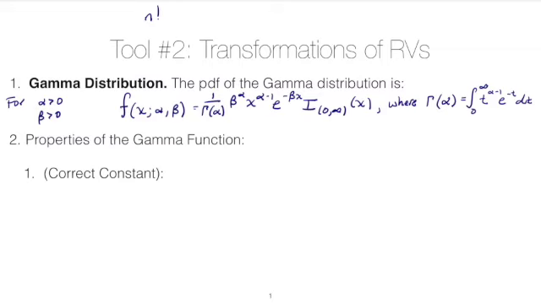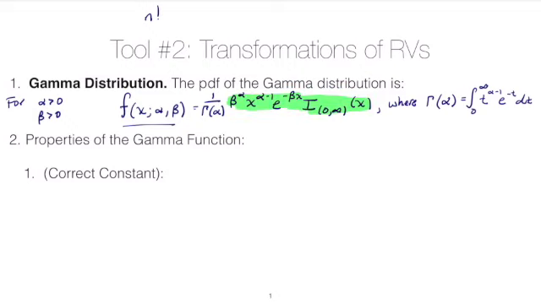We just really note that if we integrate the PDF, right, over 0 to infinity, we should get 1. And if you integrated without the 1 over gamma of alpha, you would get something other than 1, but in fact you get the gamma function, and so that's why you need to divide by it. And we'll actually prove that fact now.